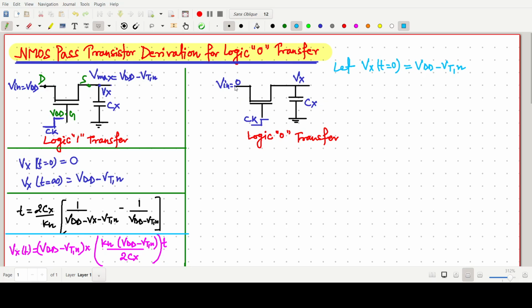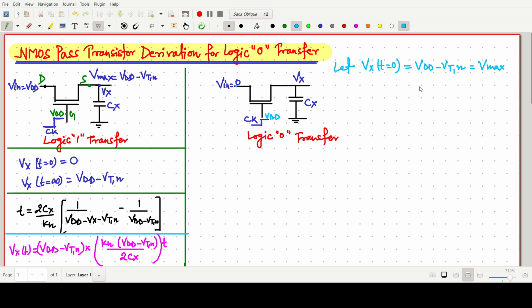The Vin, this one, is our 0 voltage, and the clock is also giving the high value of clock. Once again I am repeating, we are assuming that at this soft node the voltage Vx is equal to the logic 1 level initially. So Vx at t equals 0 has the maximum value, that is, Vmax, VDD minus VTN.